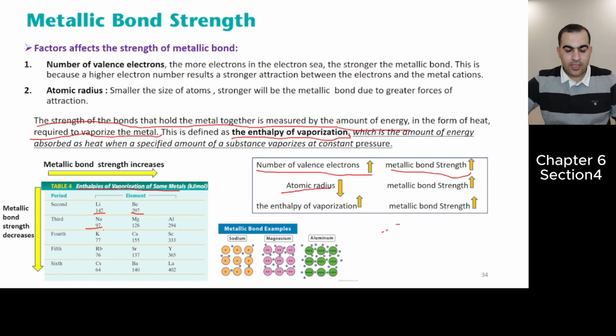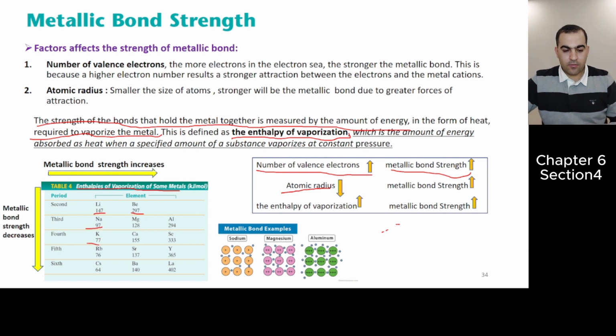So when the size increases, the distance between the sea of electrons and the sodium metal nuclei increases. Size increases, distance increases between electrons and protons. At this time, the attraction decreases, and attraction decreases means metallic bond strength decreases.